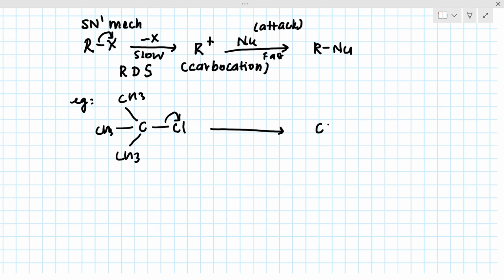So you will have C with a positive charge, and this is the carbocation formation. This is the rate determining step.